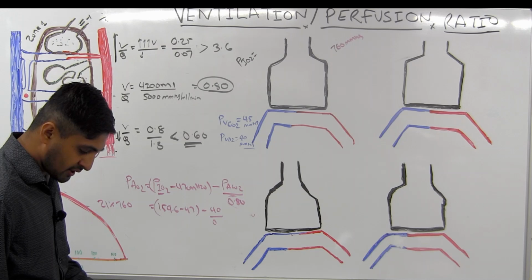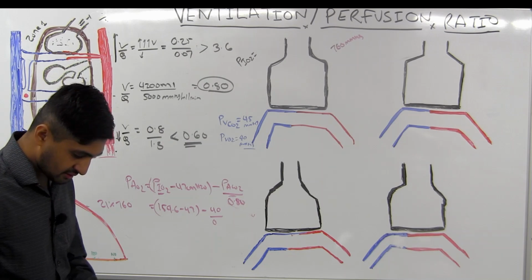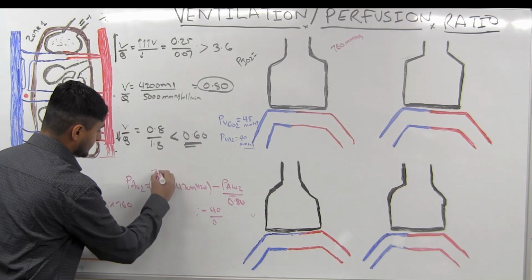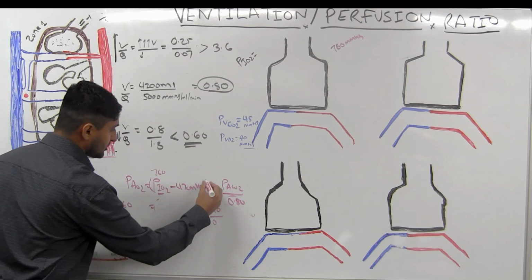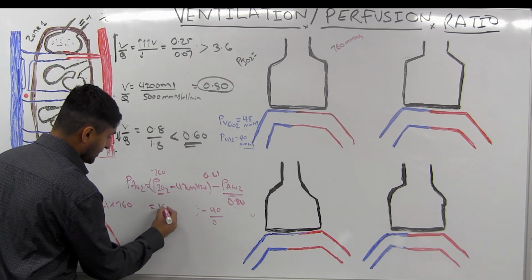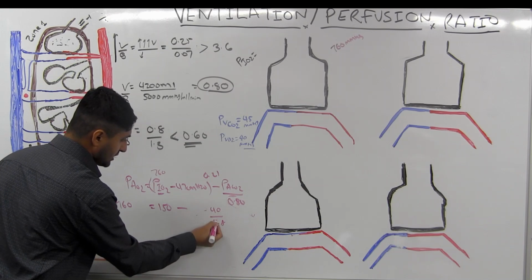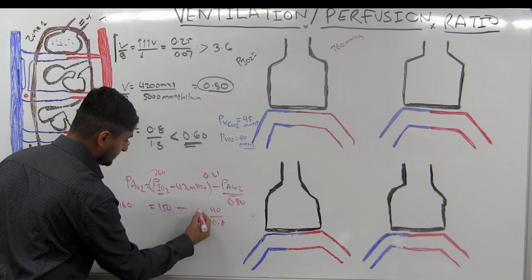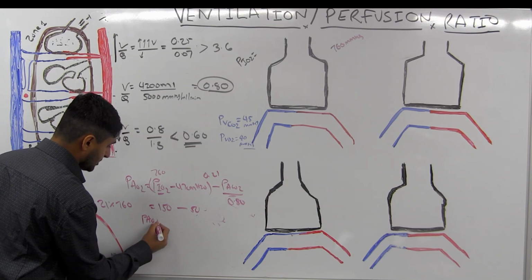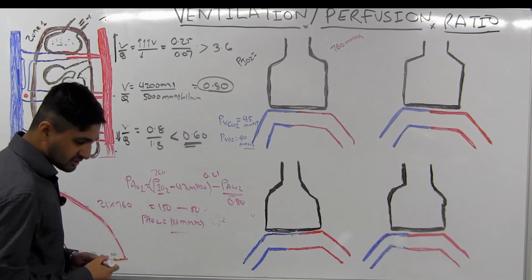So 0.21 times 713 gives me about 149, which is about 150. Then you do 40 over 0.80, and that gives me 50. So now the partial pressure of alveolar O2 should be 100 millimeters of mercury. That's how you get that.